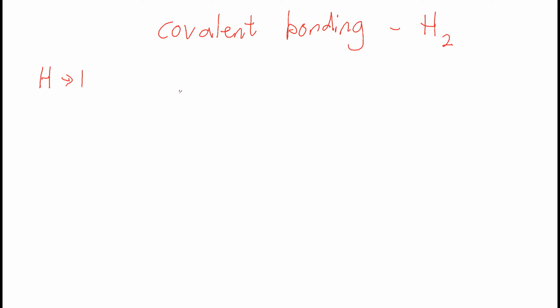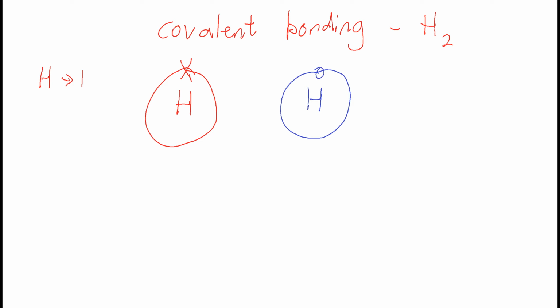So here we have a hydrogen atom with just one electron. And here we have another hydrogen atom also with one electron. Now they are both unstable, they are both not perfect, not noble.